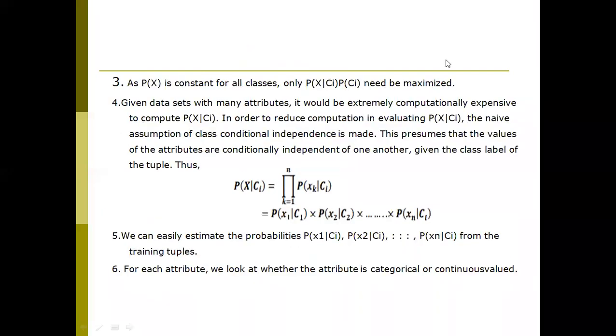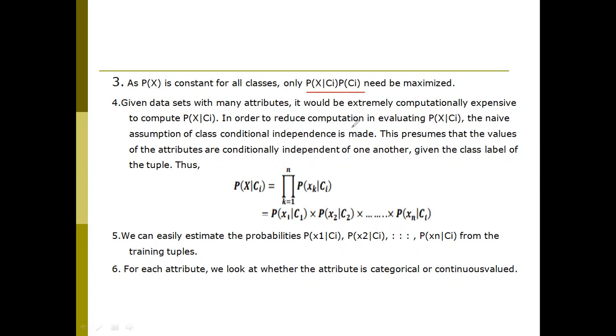Let us see. This is the one: P(X|Ci) * P(Ci) is the formula for naive Bayes classification.